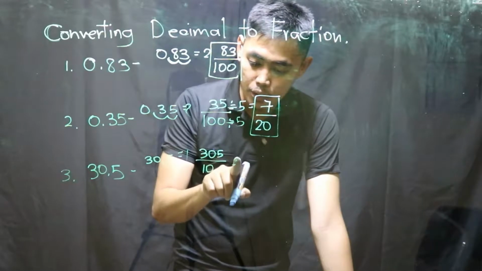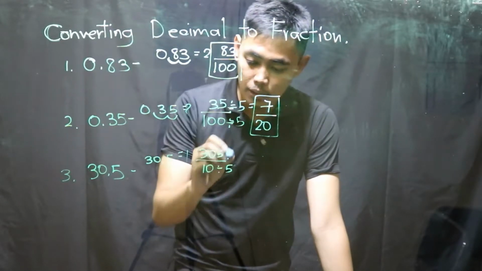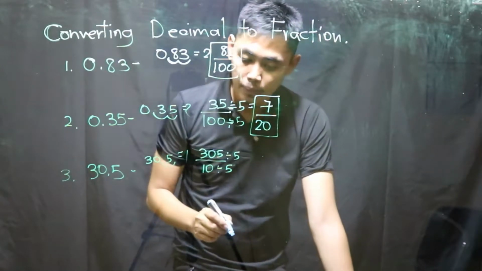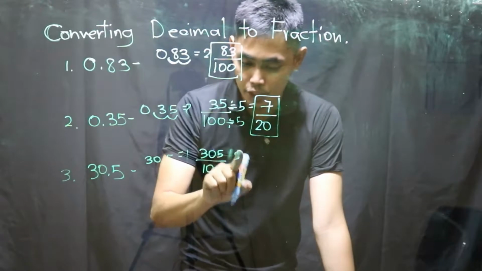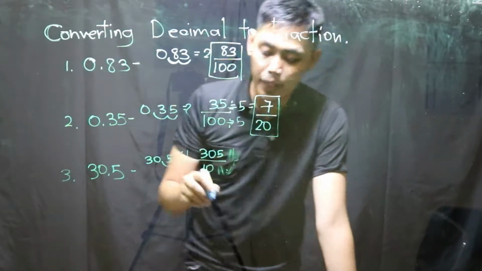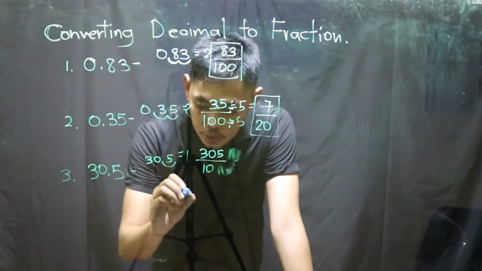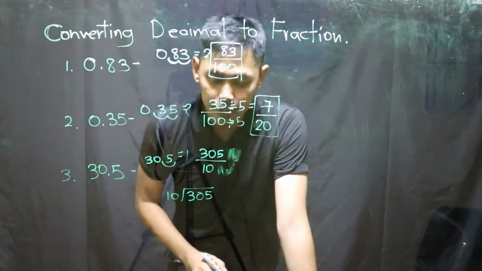So this is equal to, and then we can actually simplify this. Shall we say this is an improper fraction, right? 305 over 10. So we can reduce this one. So 305 divided by 10. Okay?